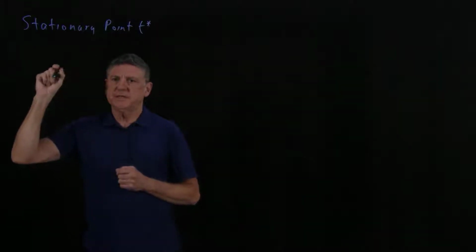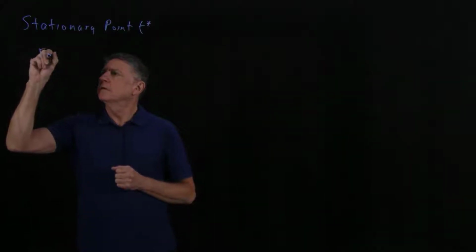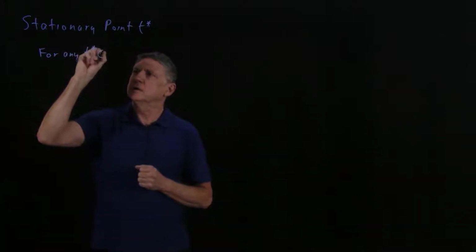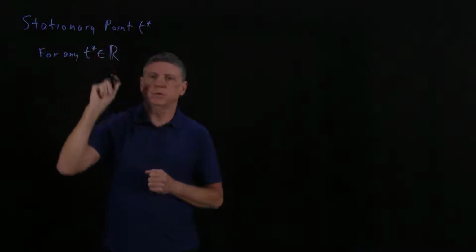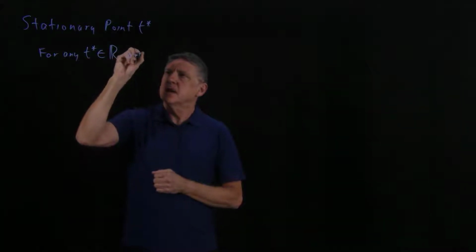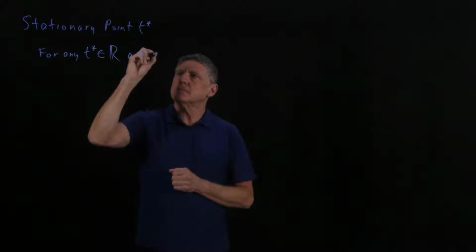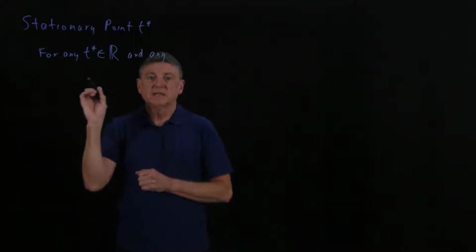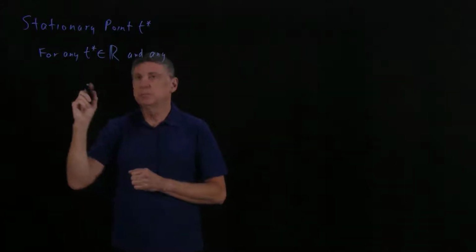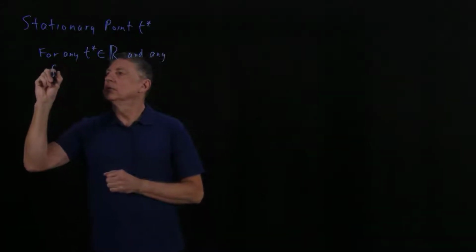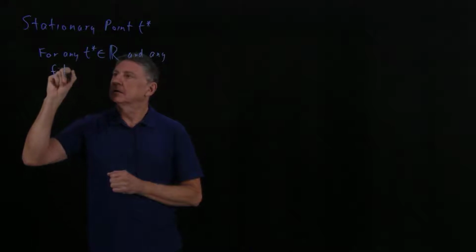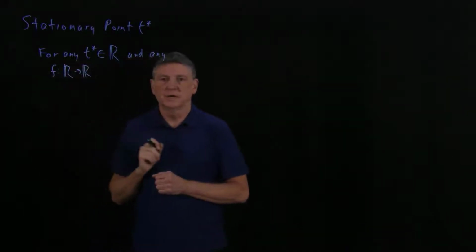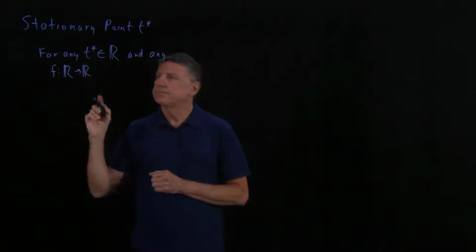So the definition is that for any proposed stationary point, let's remember that this has to be continuous and continuously differentiable, any appropriate function that has a scalar argument and produces a scalar result.